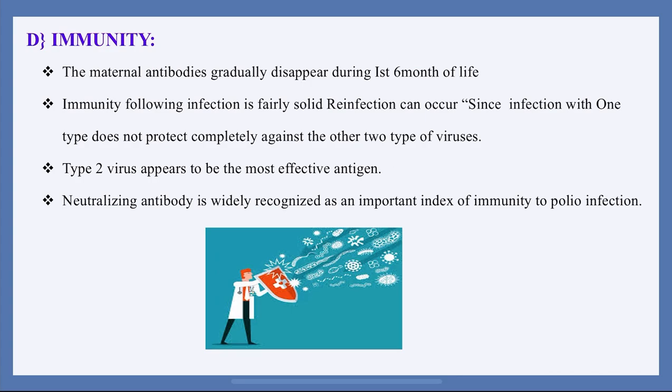Immunity following the infection is fairly solid, whereas reinfection can occur. Following infection the immunity can be solid, but there are still chances of reinfection, since infection with one type of the virus does not protect against the other two strains.